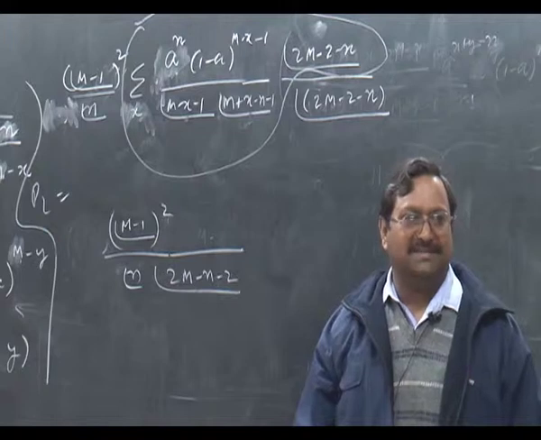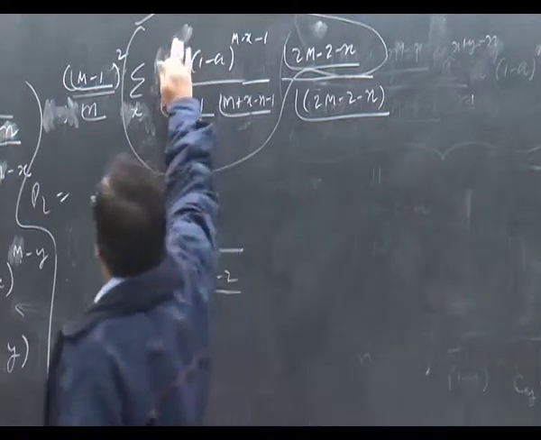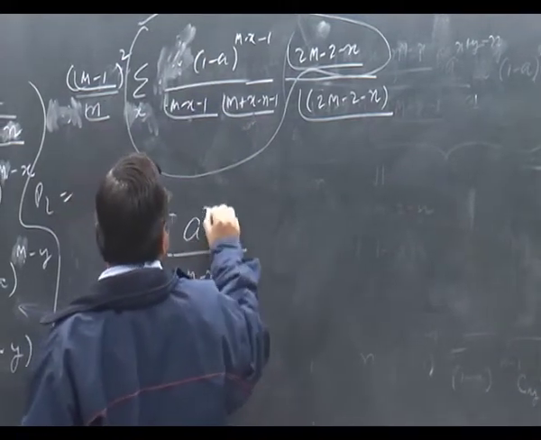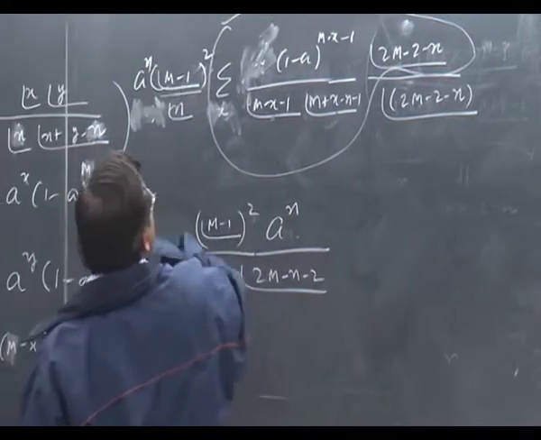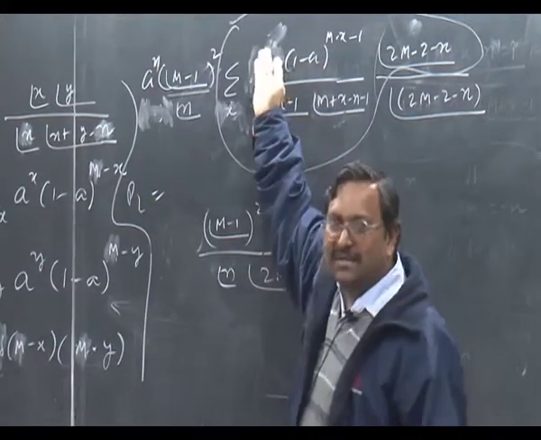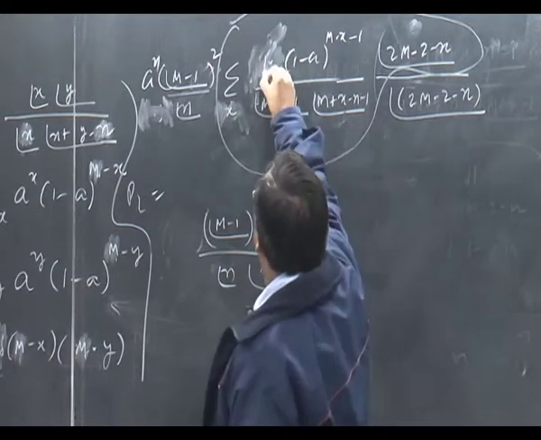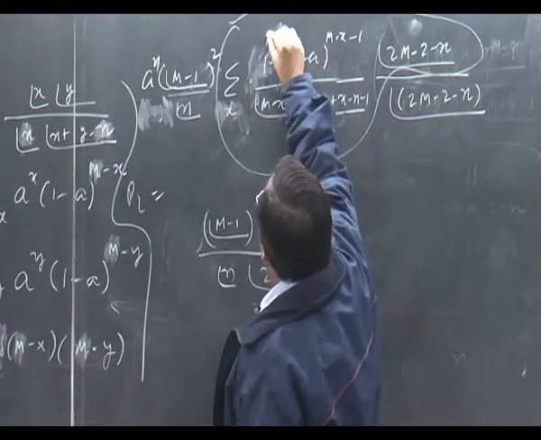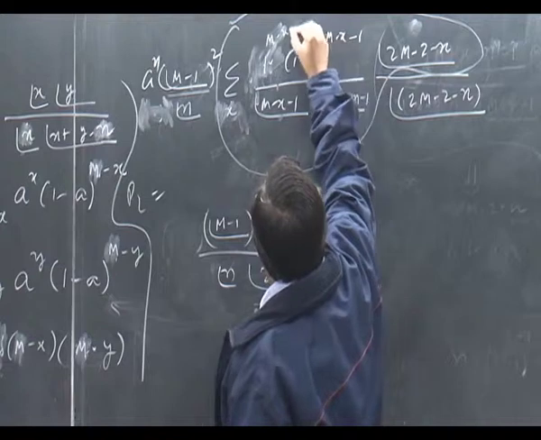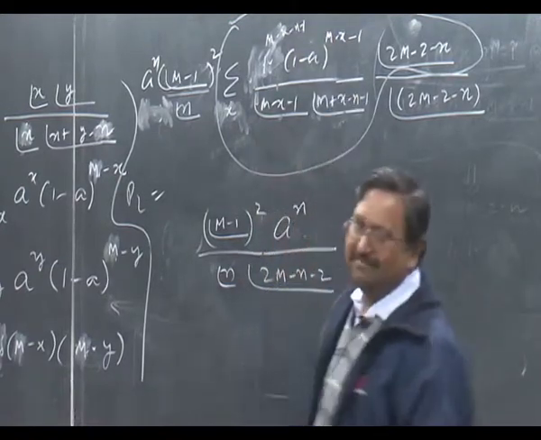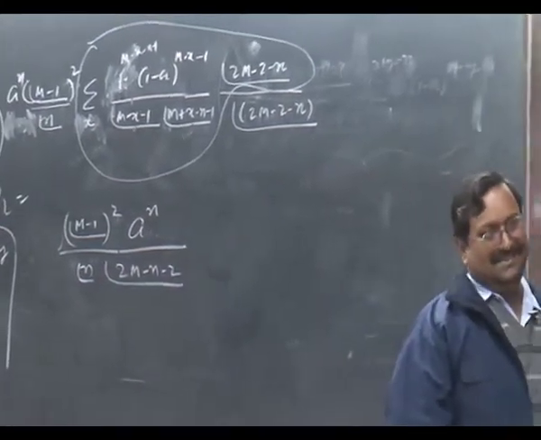This a raised power n actually should come out. This is independent of x. This is not varying. So I have to take it out. I have to put some other term here. So I will put 1, m minus x minus n minus 1. That is the way of doing it.